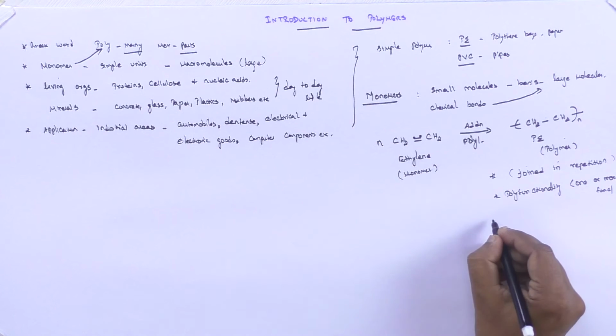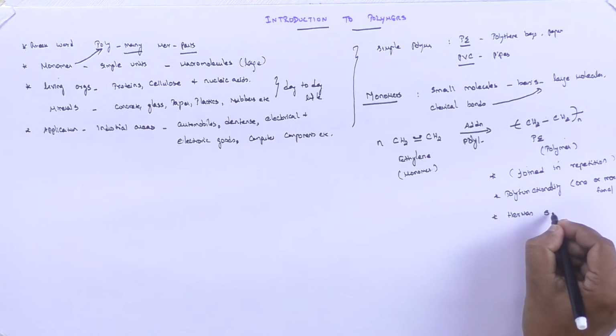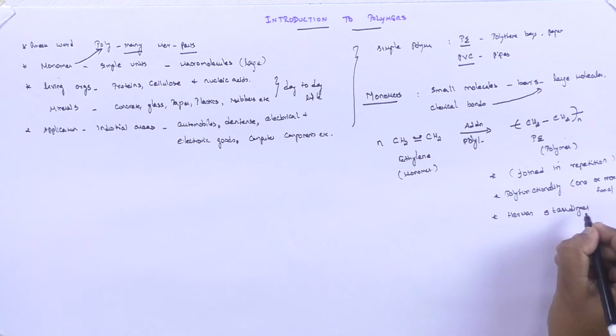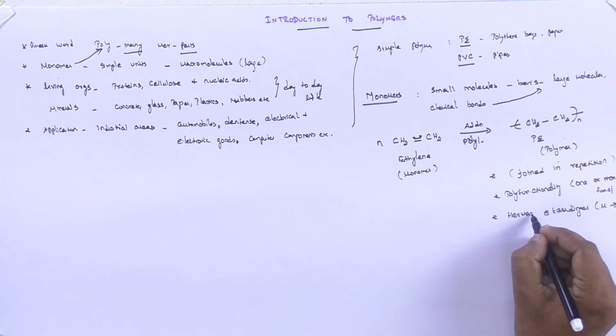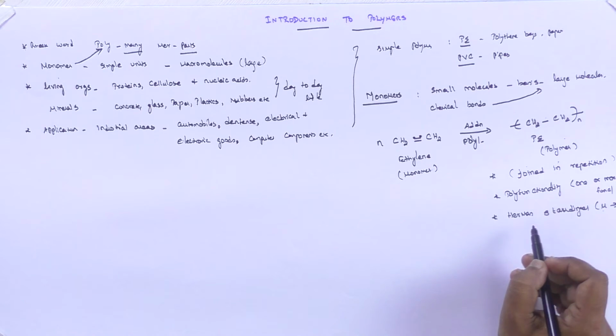Okay. Now, the scientist named Hermann Staudinger discovered that monomers make up polymers. He is the important person who discovered that monomers will combine to form a polymer, and that they are artificially constructed into a polymer.